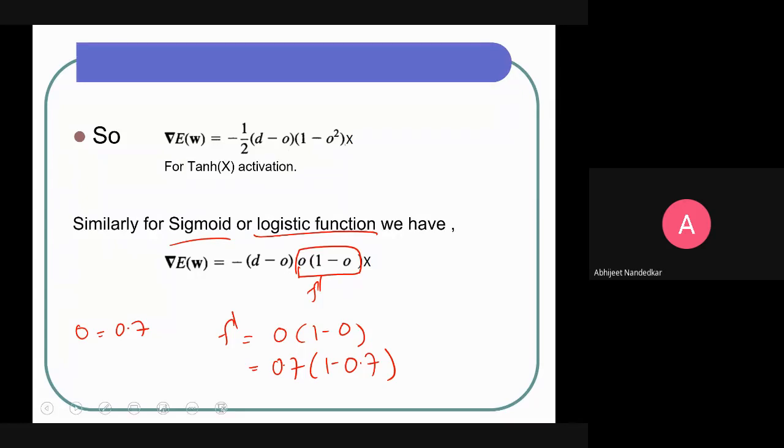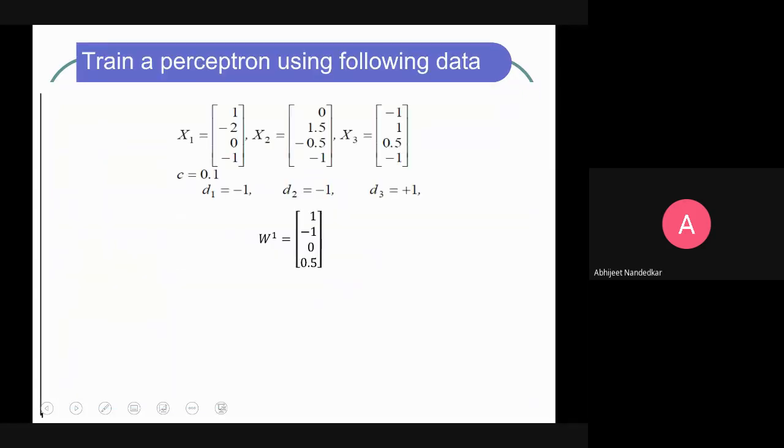So let us take, I think, one example so that these things are more clear. So these are 3 training samples. Let us choose learning constant as 0.1.